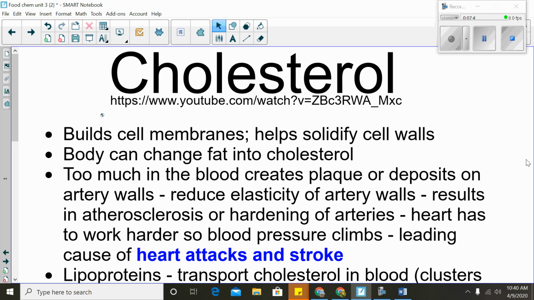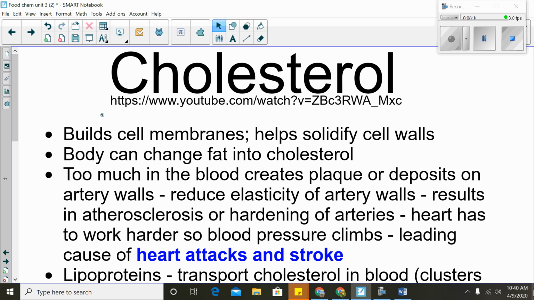The body, though, can change your fat into cholesterol, and too much of this causes the problem. If you've got too much cholesterol in your blood, this can create plaque, or deposits of fat, on your artery walls. This reduces the elasticity of your artery walls, which results in atherosclerosis, or hardening of the arteries.